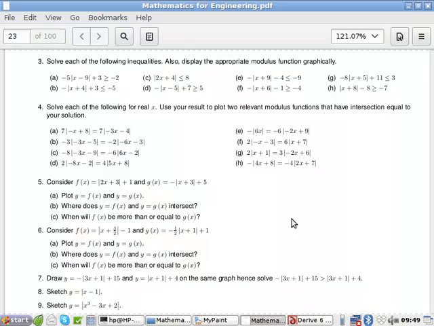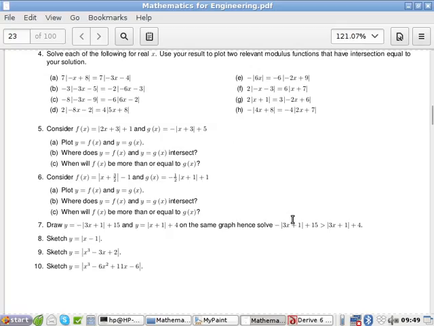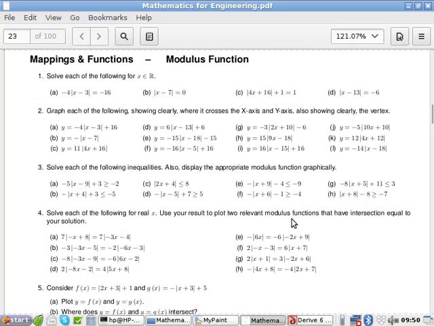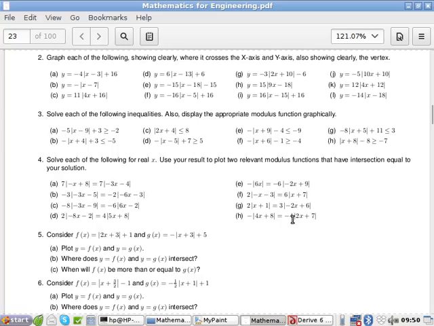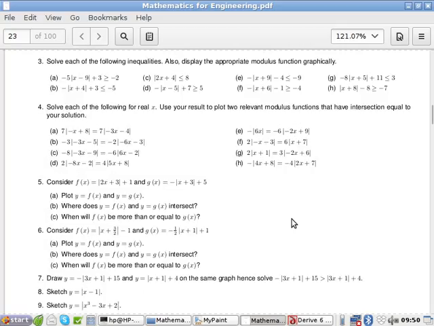Now, let's see. The questions get very interesting and difficult towards the end. So 1, 2, 3 and 4 are fine. 5 and 6 get a little harder, and then 7, 8, 9 and 10 start to get very tricky. They're good practice for the exams.